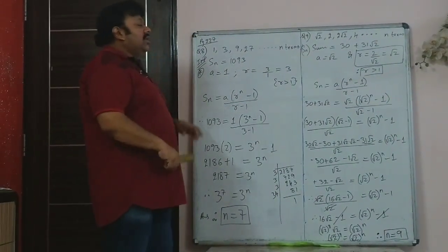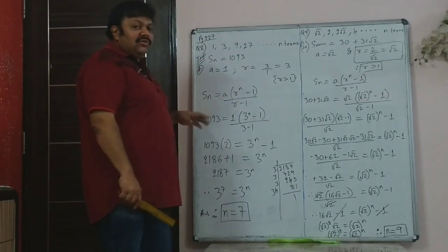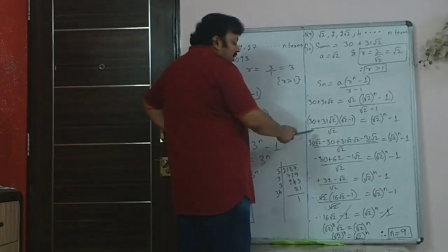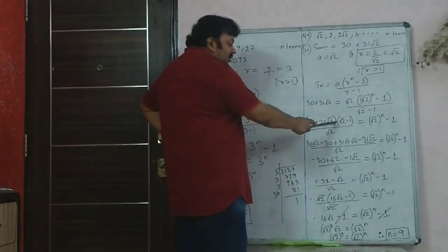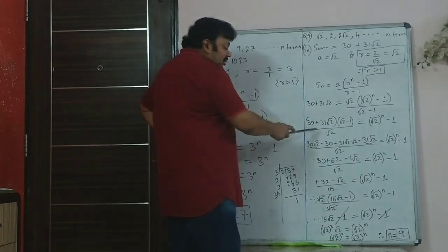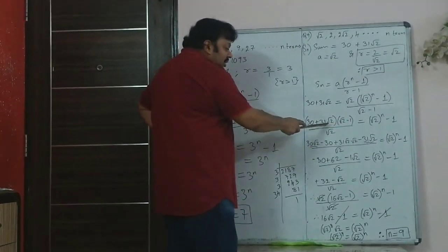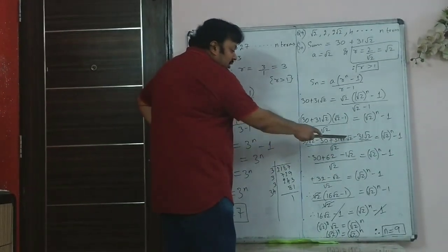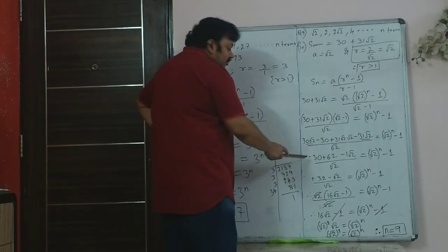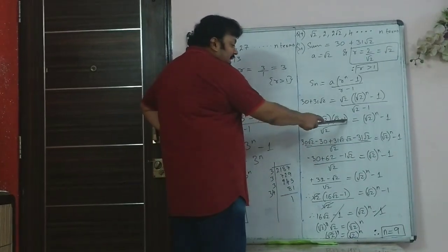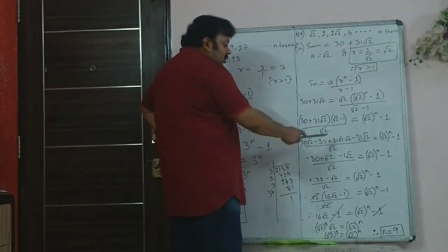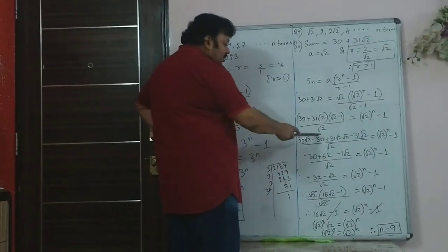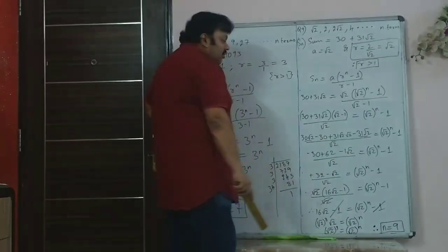That is why I told you that such sums with a lot of simplification won't be asked in the boards. So now when you open the bracket, root 2 has to be multiplied with both the terms. So the first term becomes 30 root 2 and the second term becomes 31 root 2 into root 2, which is 2, so it becomes 31 into 2, that is 62. And then minus 1 has to be multiplied with both, so you are left with minus 30 and minus 31 root 2.